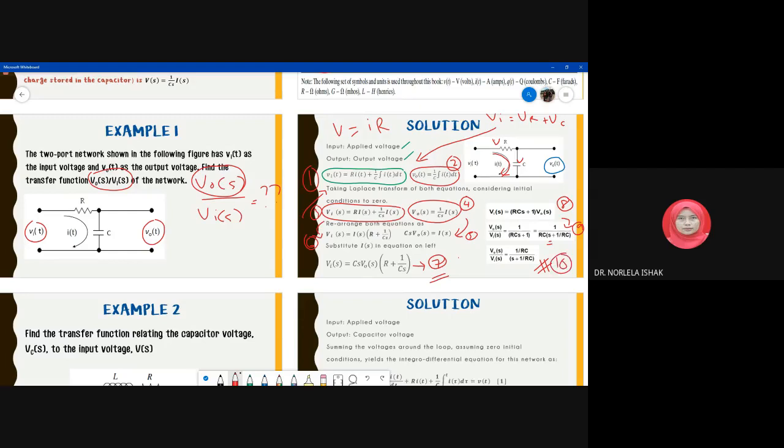This is the transfer function we want to solve, V naught over Vi. So we want to define V naught over Vi, and we are capable to define this first RC circuit.